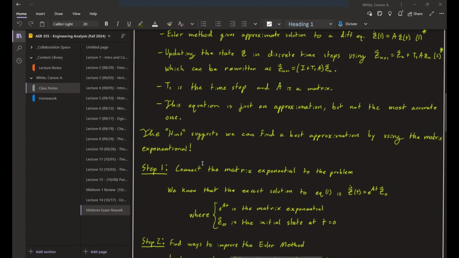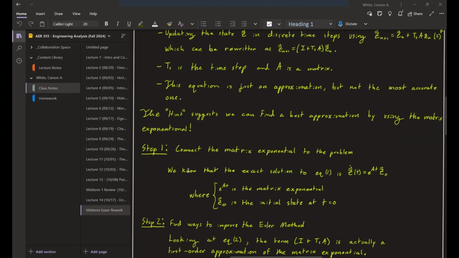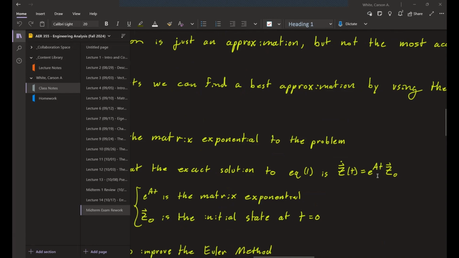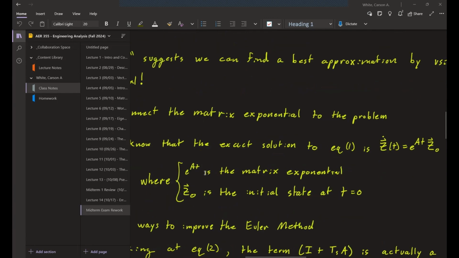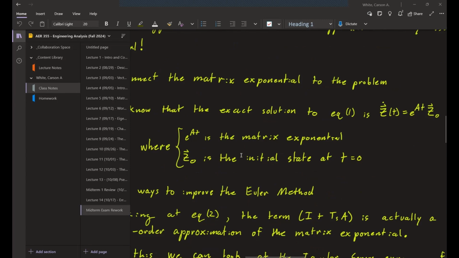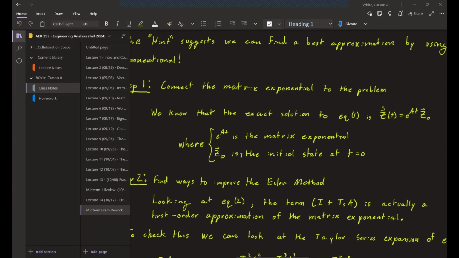Step one, we want to get the matrix exponential into the problem and see where it fits in. We can do that by knowing that the exact solution to equation 1, z(t), is equal to the matrix exponential times z naught, where z naught is the initial state at t equals 0.